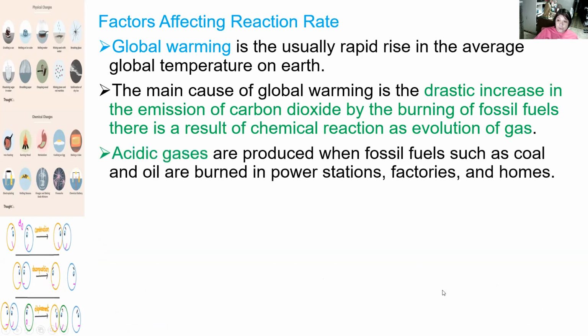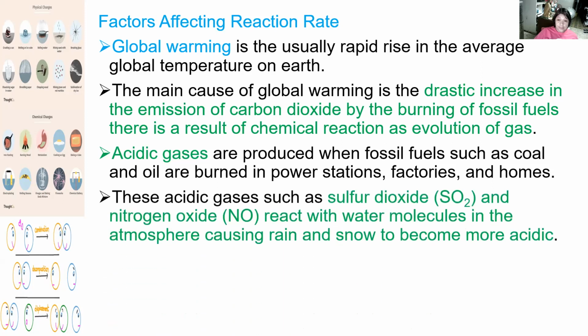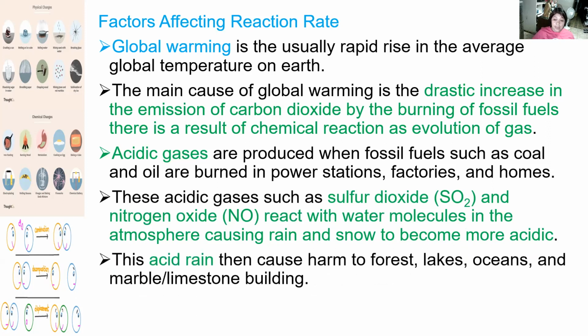Acidic gases are produced when fossil fuels such as coal and oil are burned in power stations, factories, and homes. These acidic gases, such as sulfur dioxide and nitrogen oxide, react with water molecules in the atmosphere, causing rain and snow to become more acidic. This acid rain then causes harm to the forests, lakes, oceans, and marble or limestone buildings.